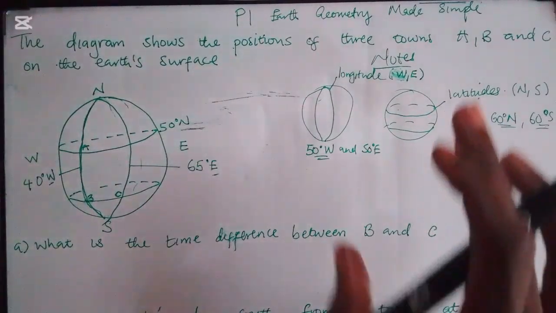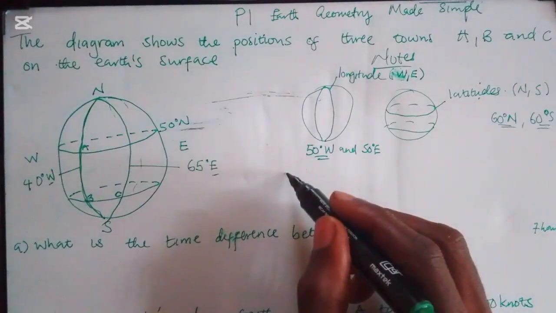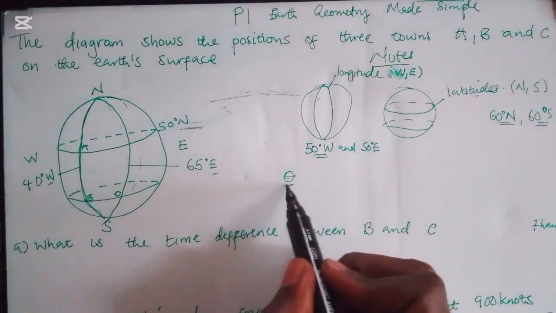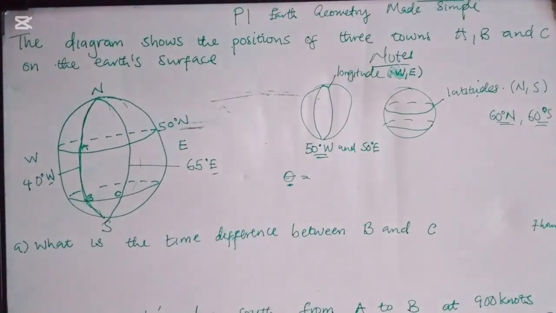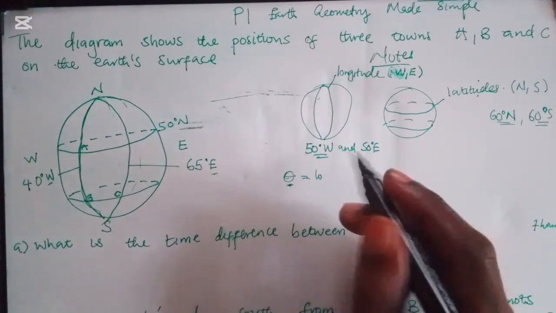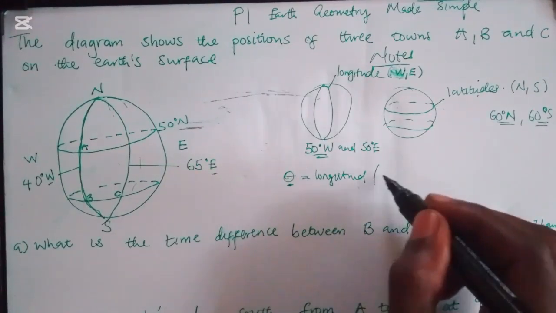When we're talking about the difference between longitude and latitude, we represent it with this symbol. This symbol means the difference between longitude or latitude.